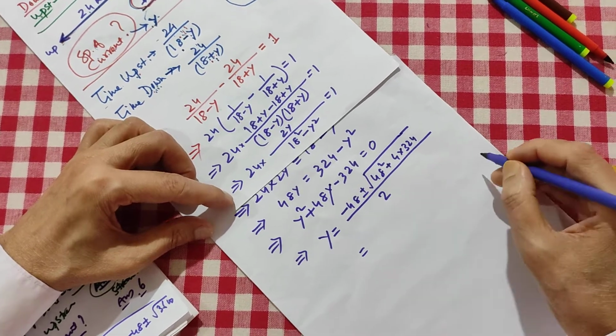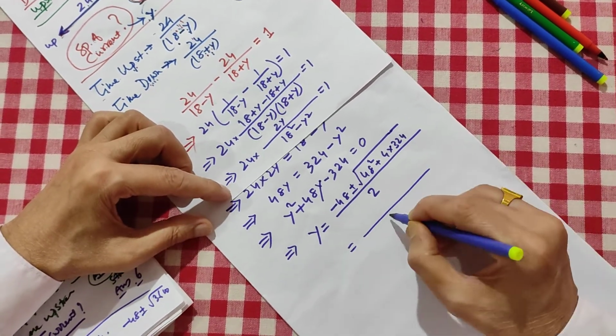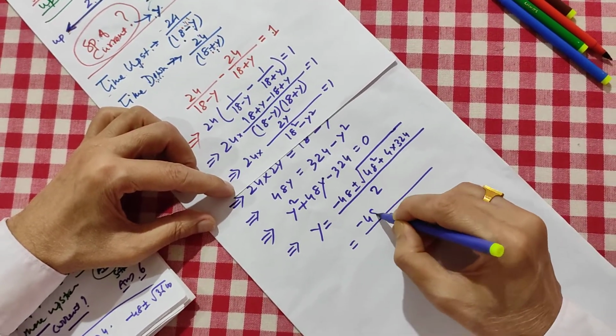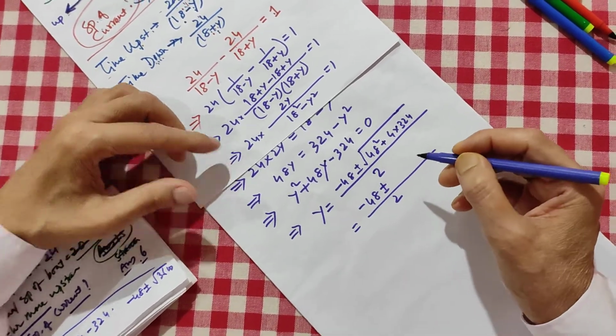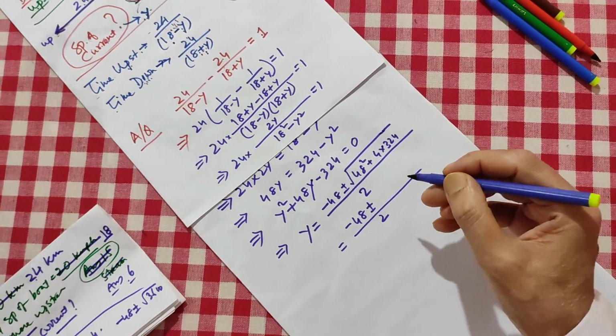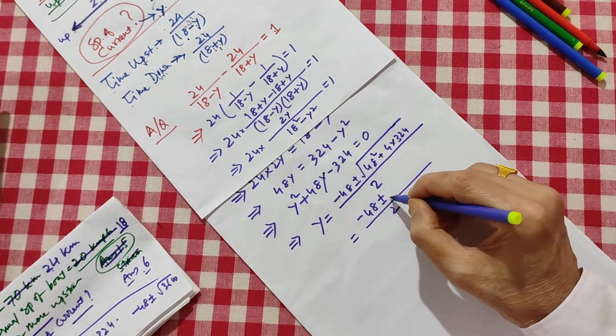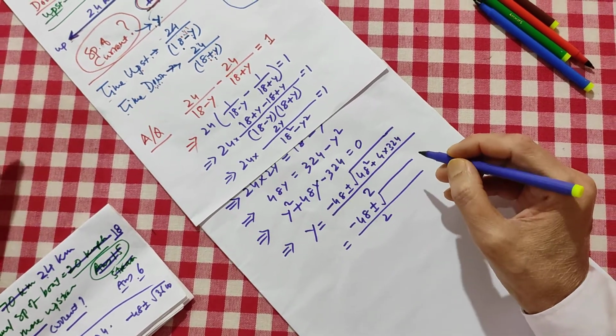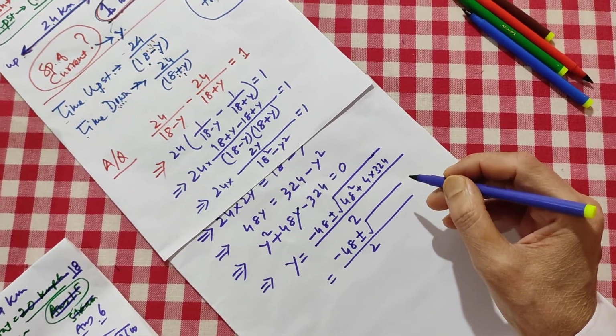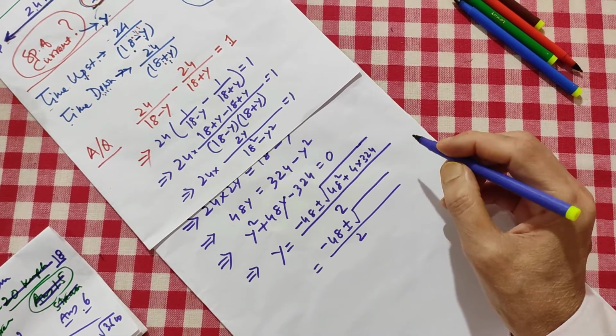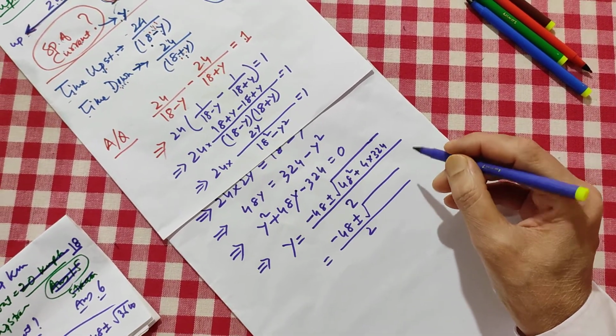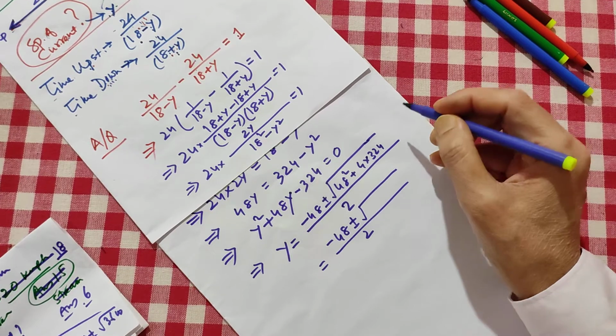So it will be minus 48 plus minus root of 48 square plus 4 times 324. Find out what you get.